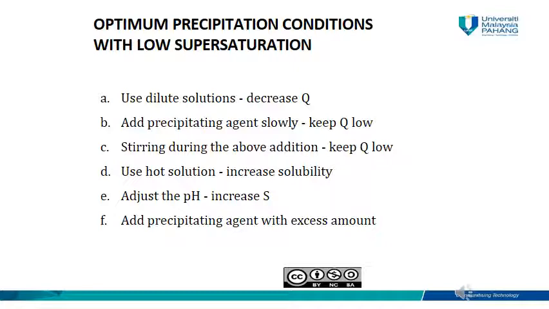Next is use hot solution. When you use hot solution, you increase the temperature and at the same time you also increase the solubility. Next is adjust the pH. When you adjust the pH, for instance at lower pH value in the acidic reagent, it also increases the solubility. Next is add precipitating agent in excess amount.